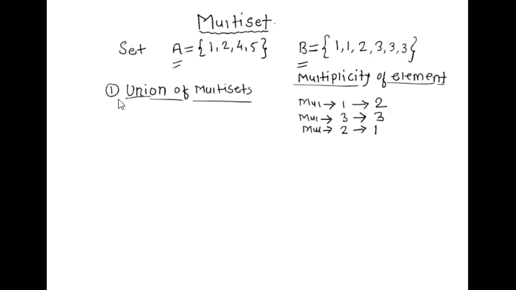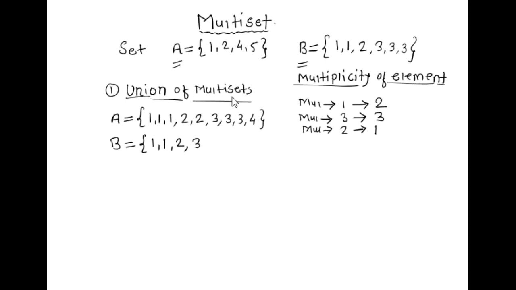Now let us see how we'll define union of two multisets. So let us say two multisets are set A equal to 1, 1, 1, 2, 2, 3, 3, 3 and 4. And let us say set B is 1, 1, 2, 3.